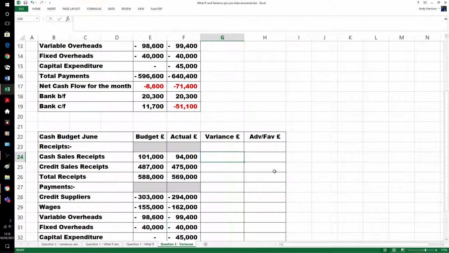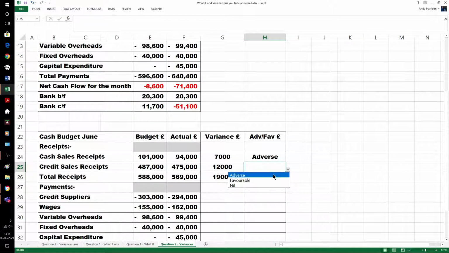So on our cash sales then, if we use the abs, we're on a spreadsheet, we don't need to worry about pluses and minuses. Solve problem. 7,000, actually less, got to be adverse. In fact, we can copy that down, just have a look at our receipts first.